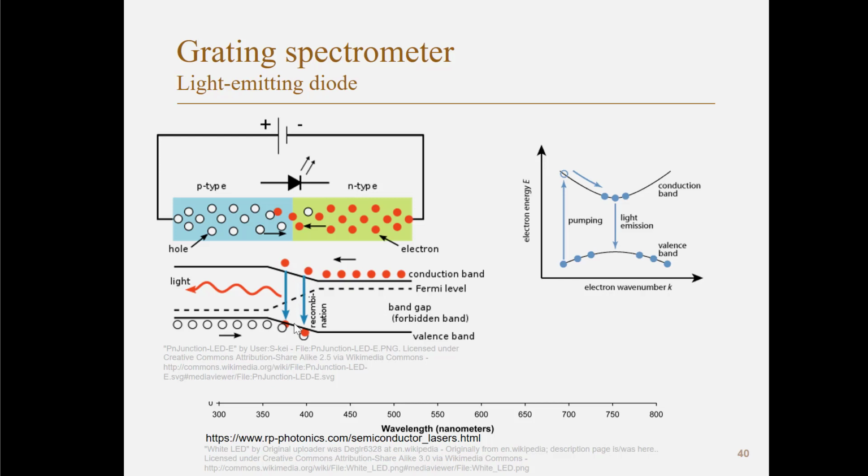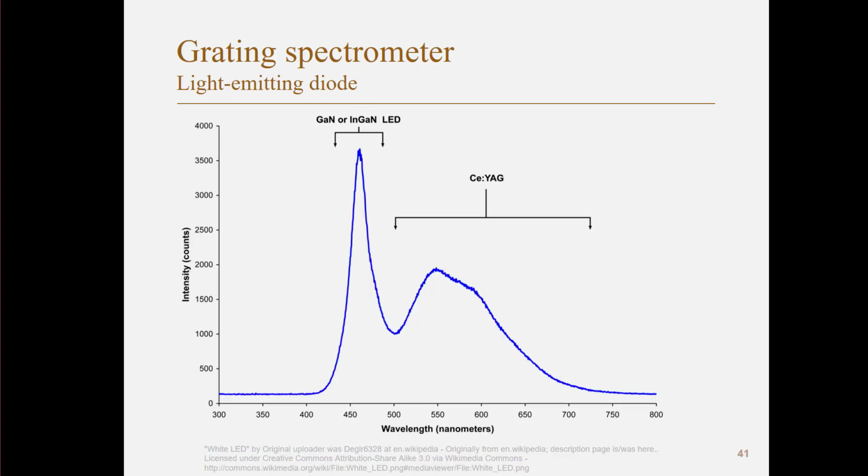When the electron falls into the lower energy levels, which is the holes down here, and combines with the holes, it releases energy in the form of a photon, and then we get this photon coming out. So that's the short version of how a light emitting diode works. Let's go to the next part.